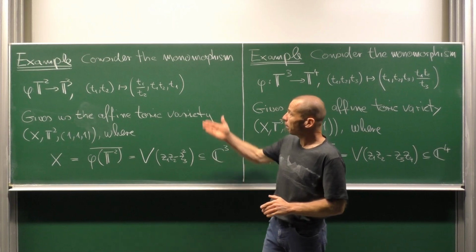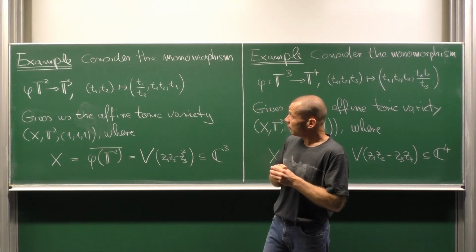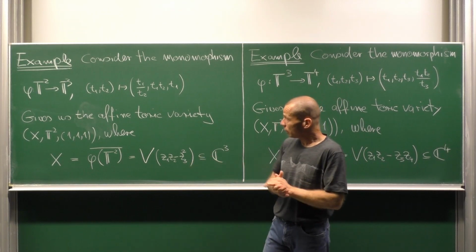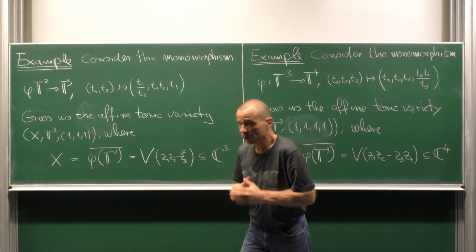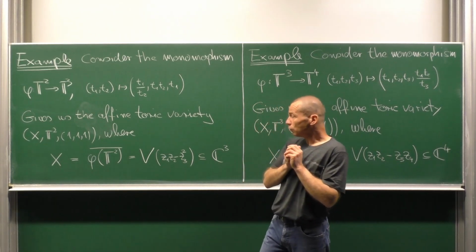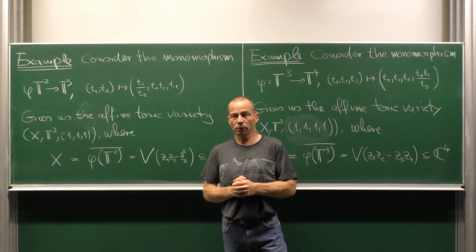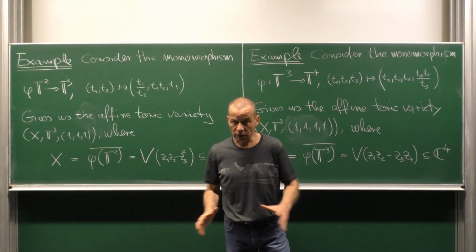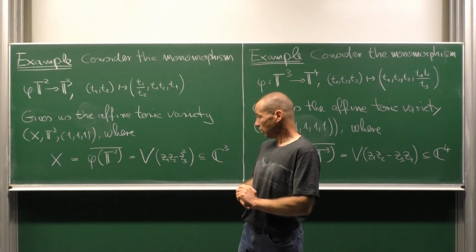In fact, plugging this into the equation, we see that the equation vanishes on the homomorphic image. Moreover, this polynomial is a prime polynomial, so it automatically generates the vanishing ideal.